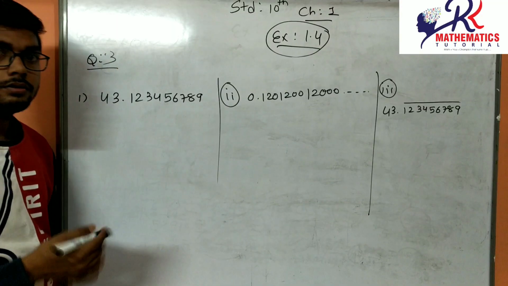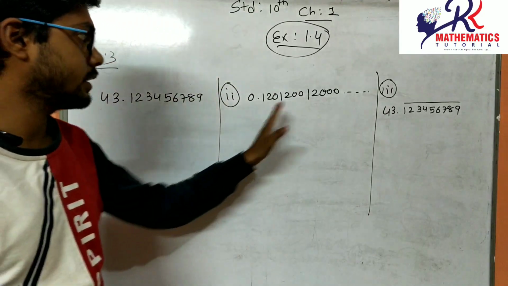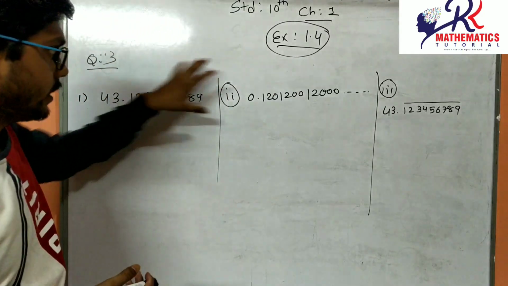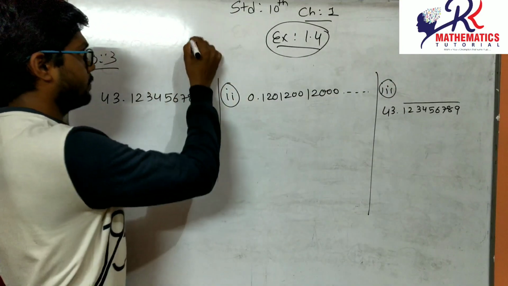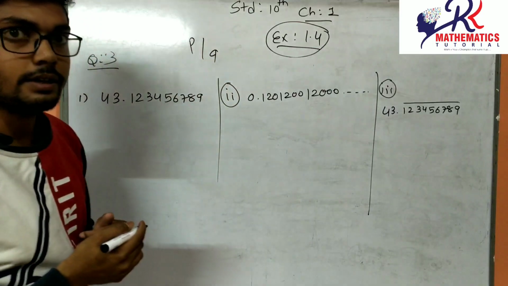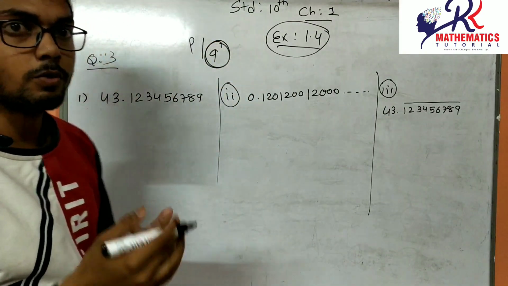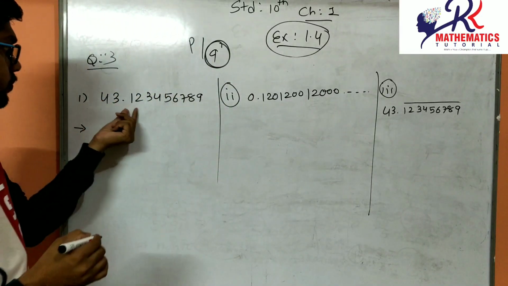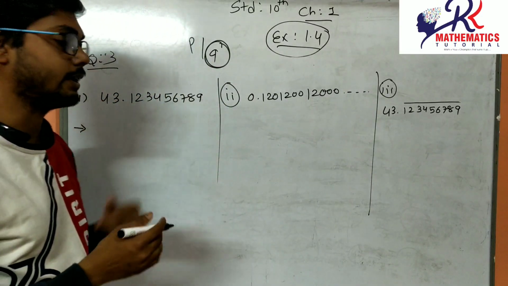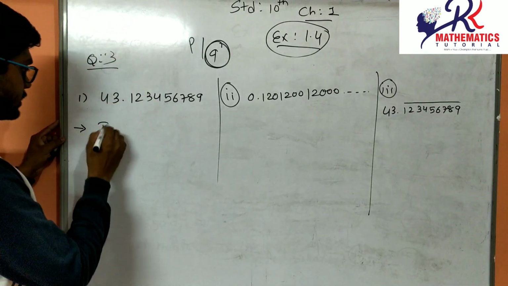Now question number 3rd. In this question, basically three real numbers are given, so we have to identify whether the following numbers are rational or not. If it is rational, then we know it can be in p by q form, right? After that we have to tell what is the property of q. So first, the number given is 43.123456789. Here the number is ending, it means it is terminating, so you can write it is terminating.